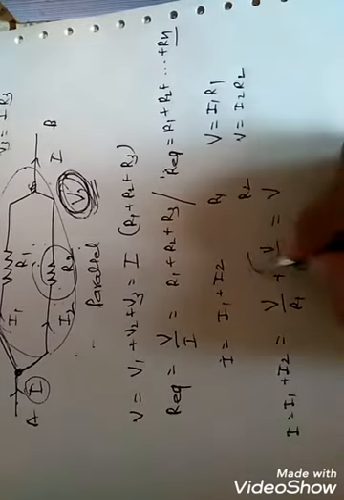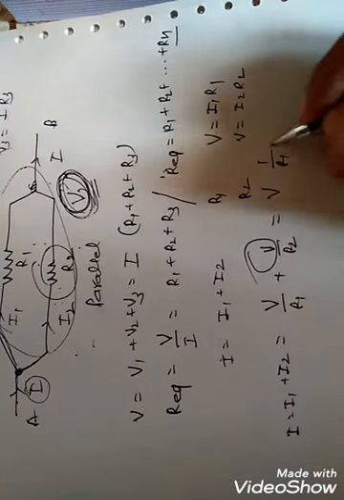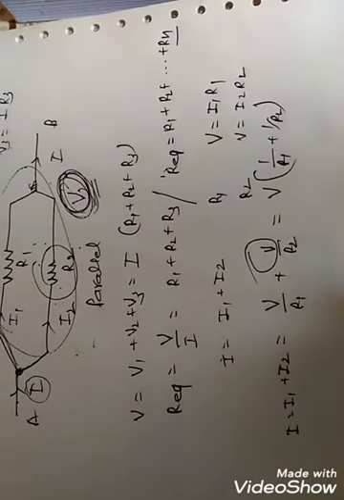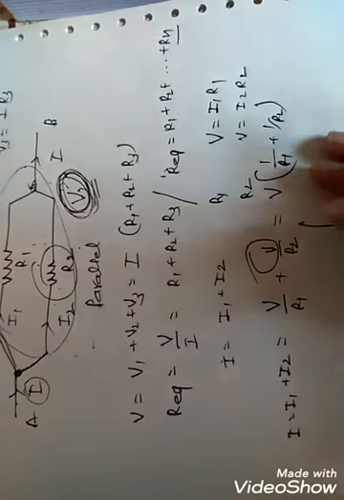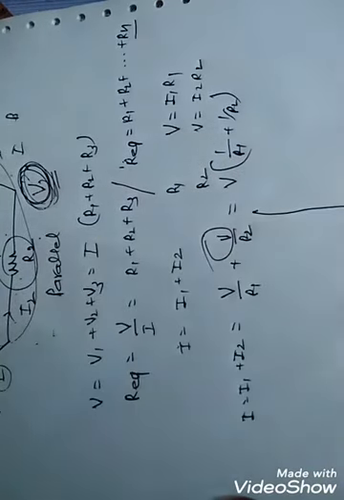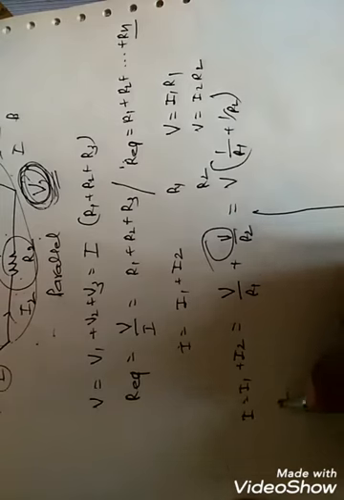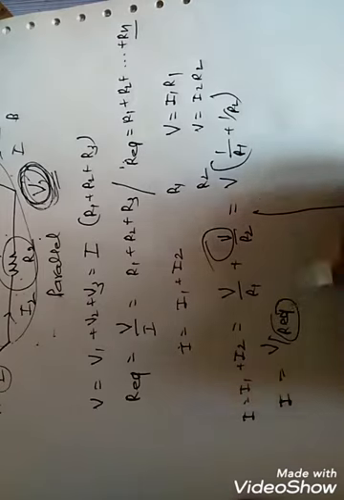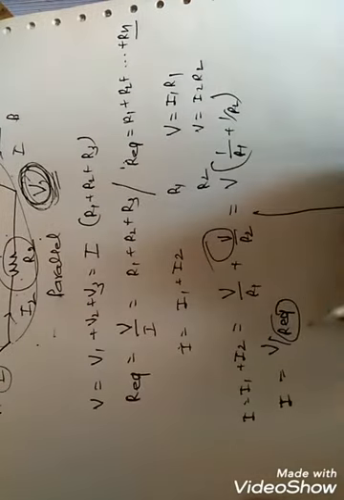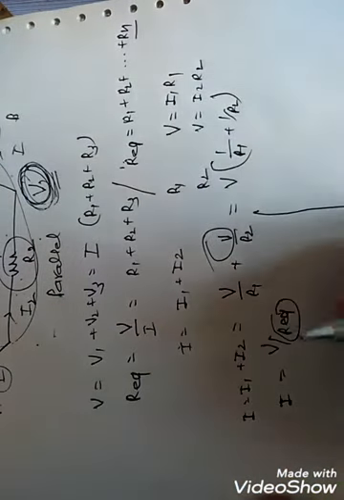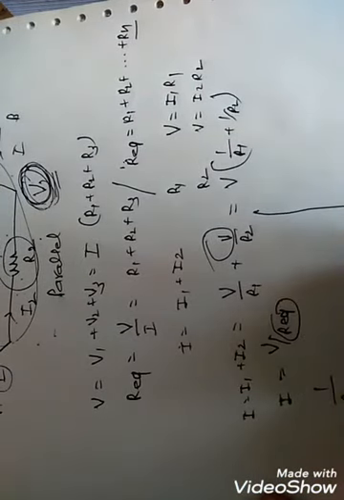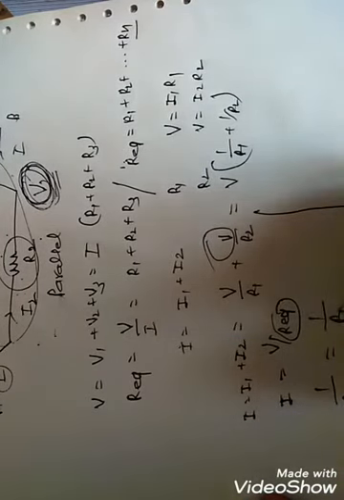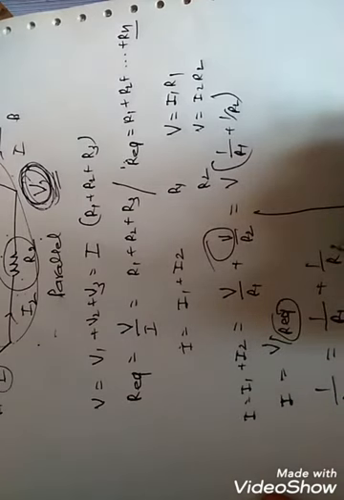So I is equal to V common, 1 upon R1 plus 1 upon R2. For the equivalent resistance we can write I is equal to V upon R equivalent. So 1 upon R equivalent resistance for a parallel combination is 1 upon R1 plus 1 upon R2.